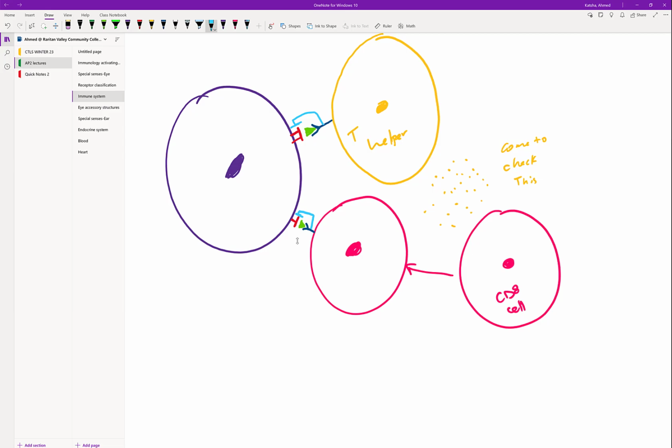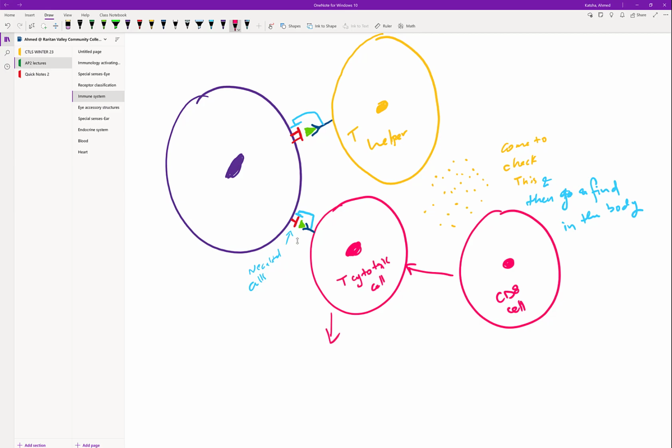What the T helper cell is telling the CD8 cell is to come check this and go find it in the body. That's why it has to see it on MHC1, because we said we will find MHC1 on all nucleated cells. So now the CD8 cell, instead of CD8, will turn into a cytotoxic cell.